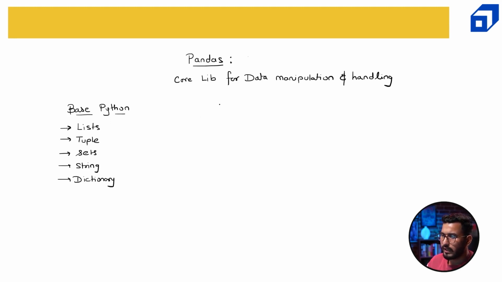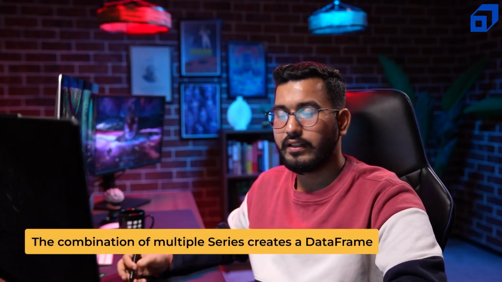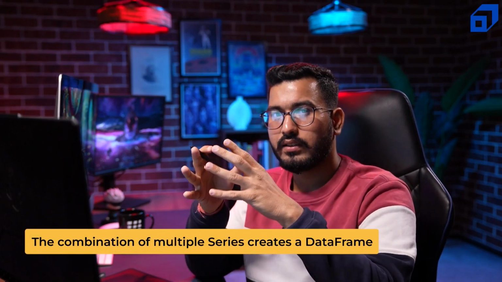Similarly, for Pandas the data objects are number 1, series, and number 2, data frame. These are the two data objects for the library Pandas.